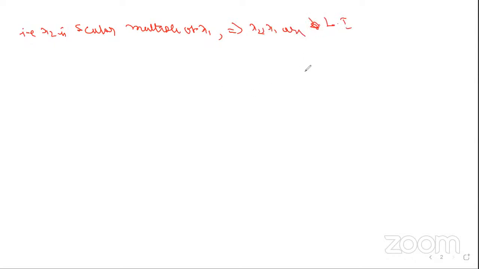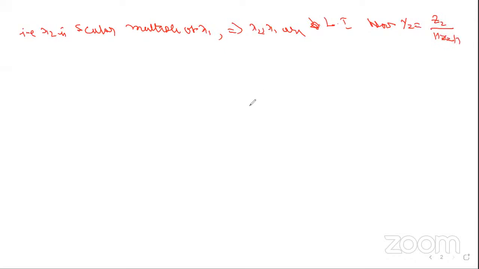Now put y2 equal to z2 divided by the norm of z2.